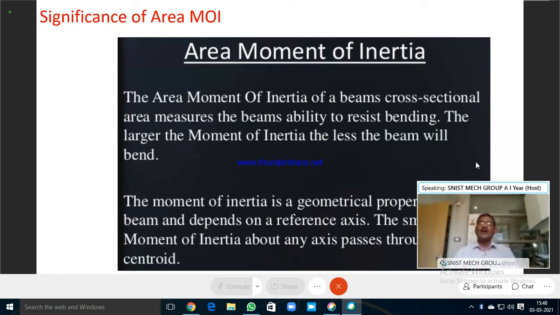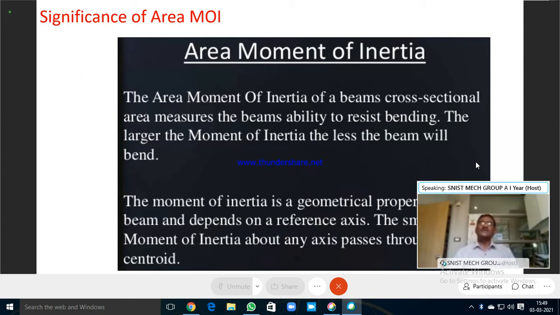All of you please note down the first statement: the area moment of inertia of a beam's cross-sectional area measures the beam's ability to resist bending. To resist bending means nothing but strength. So it is going to offer resistance to bending, right?